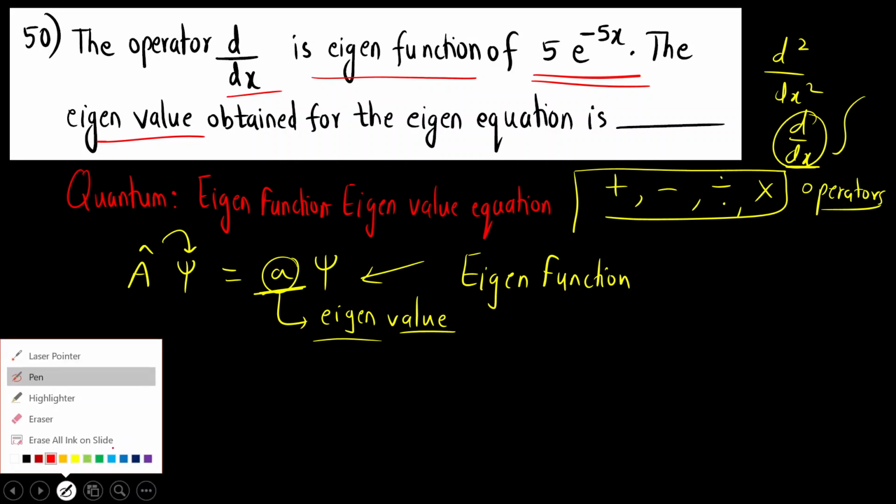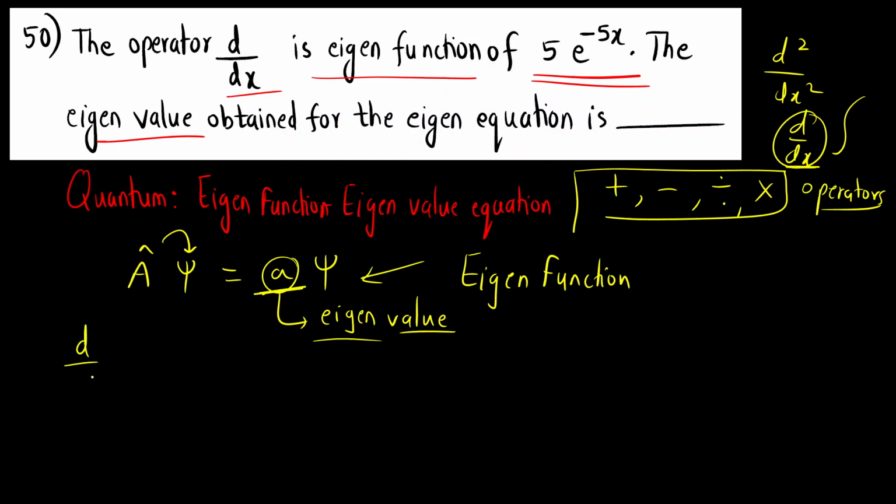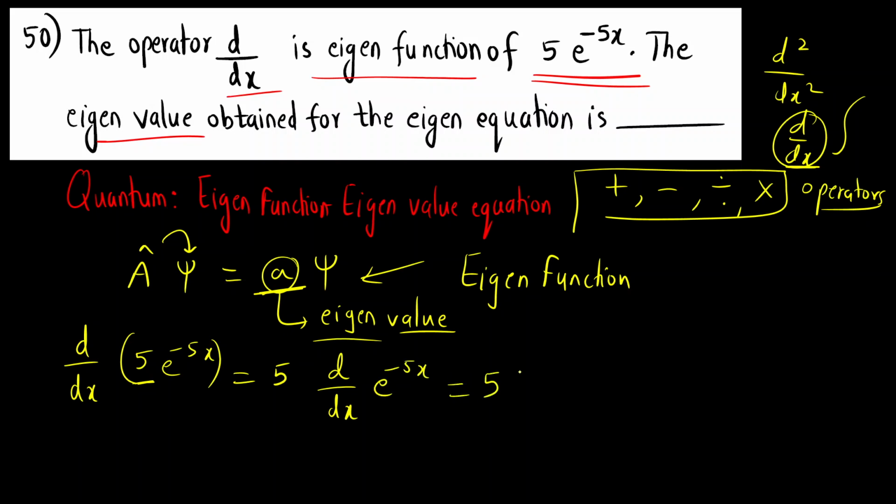So we can start solving now. The operator is d/dx. You have to apply the single derivative on 5e^(-5x). 5 is a constant, so I can take it outside: d/dx of e^(-5x). The derivative of e^x is e^x itself, times the derivative of the power, which is -5x.